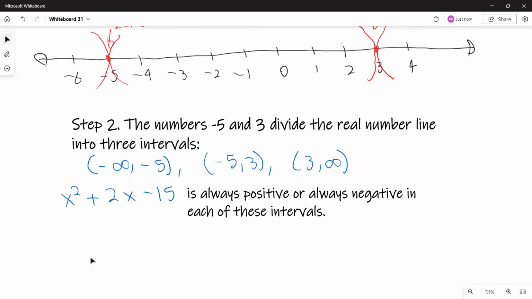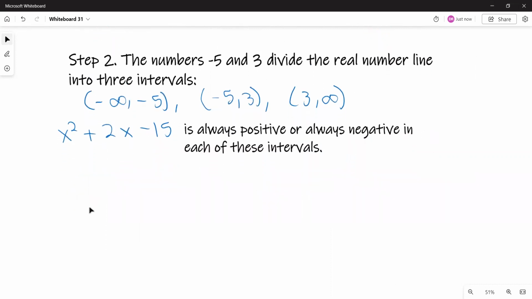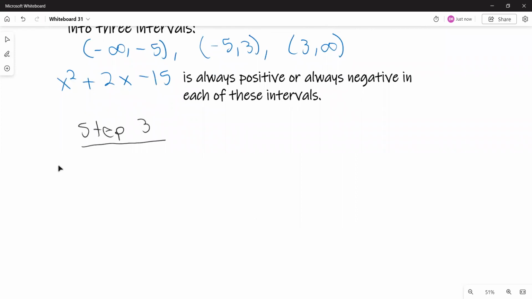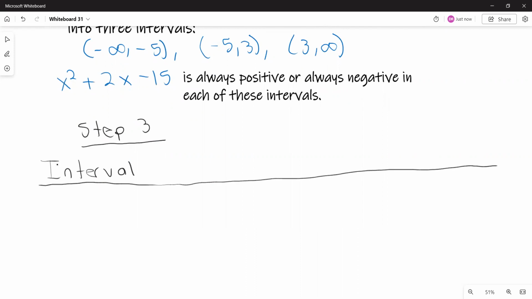Okay, step number 3. In step 3, we are going to make a table with the intervals, knowing that the expression is always positive or always negative inside these intervals.